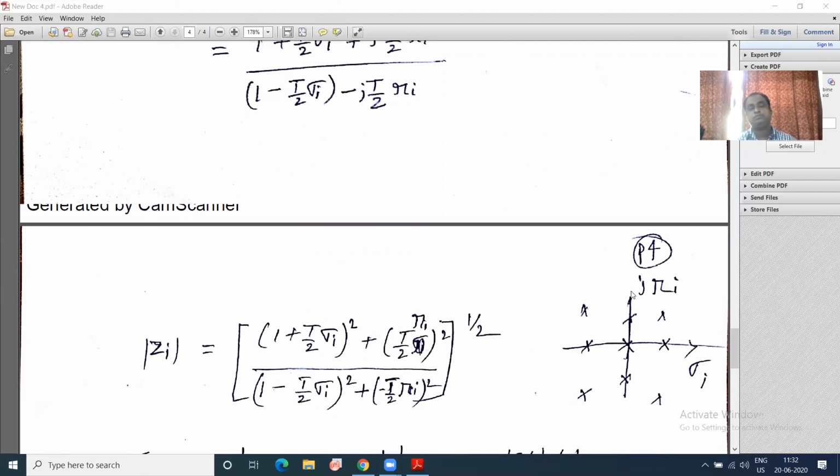Now, a left half plane pole would be like this: this pole could be here, here, or here. That means we understand these poles are in the left half plane. If the poles are here, here, and here, the poles lie in the right half plane. If the poles are located like this, then the poles are located on the imaginary axis. Poles located on the imaginary axis means sigma i for these 3 poles is equal to 0.